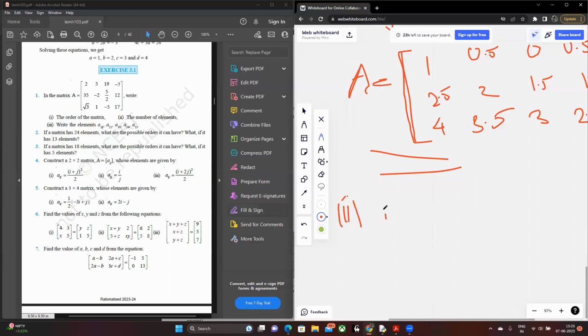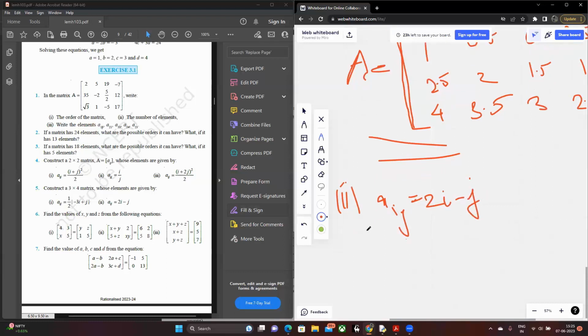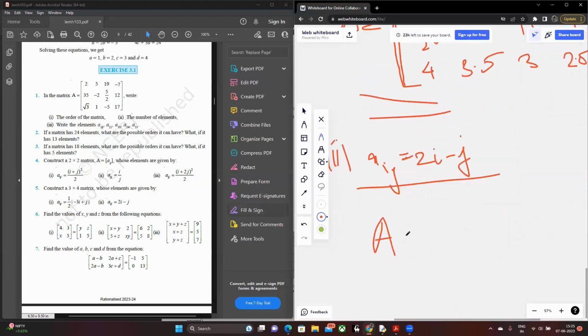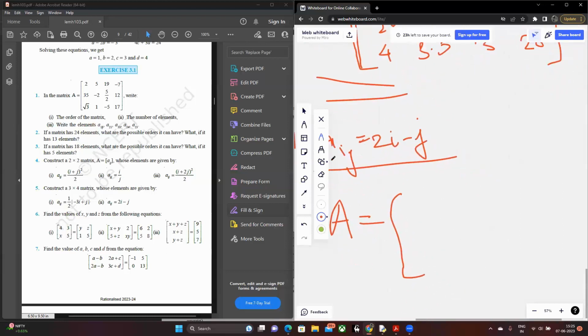For the second subpart, we have Aij equaling 2i minus j. Since this is going to be an equation, I'm going to directly substitute this into the whole matrix formula, right? And so this A11 is going to be 2 minus 1, that is 1. A12 is going to be 2 minus 2, that's 0.